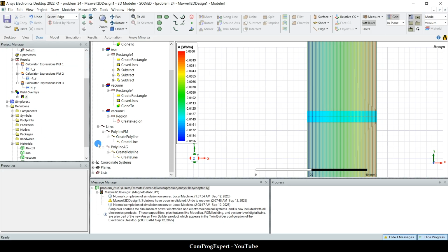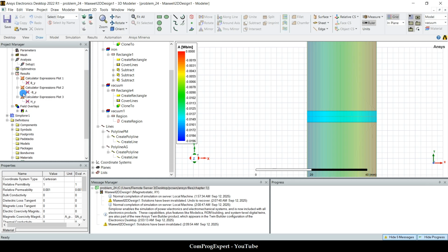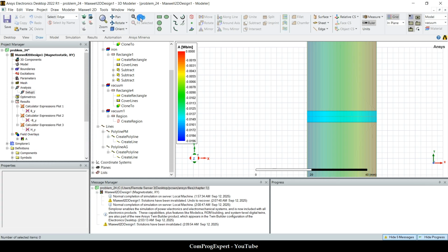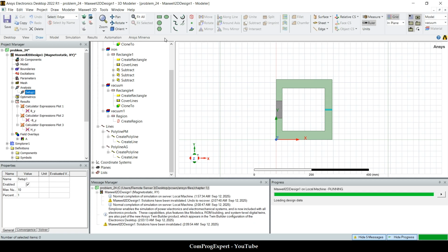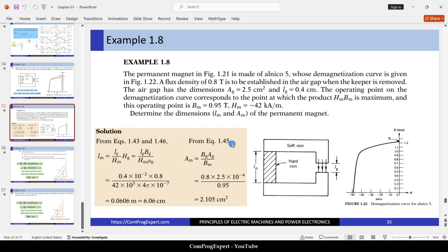Even if I reduce the permeability of the air gap to 0.001, this number, let's rerun the analysis to calculate the operating point of the magnet and compare. So now you can realize the importance of the leakage flux.